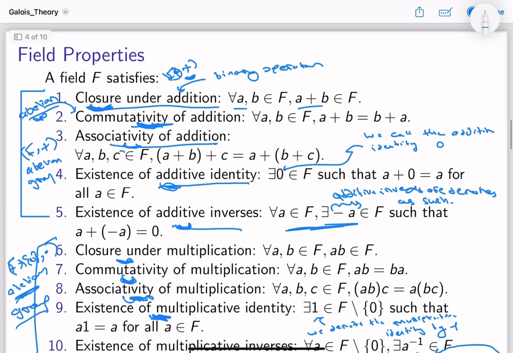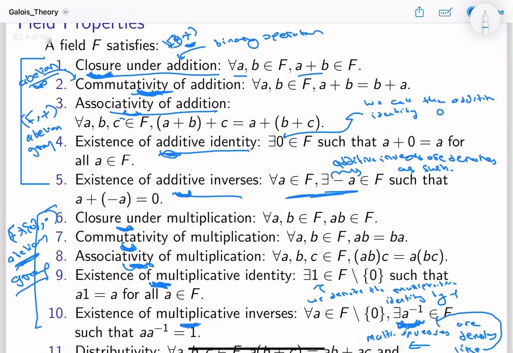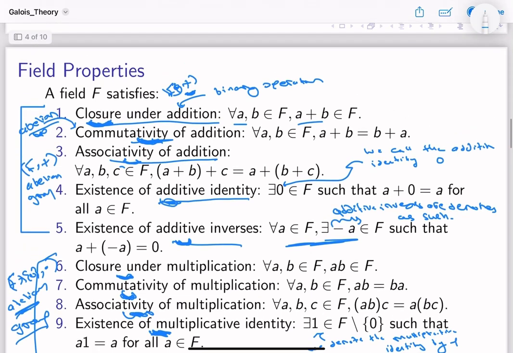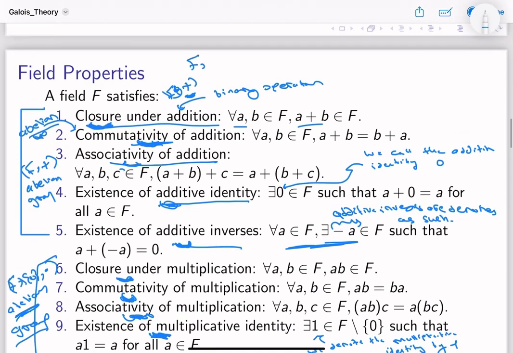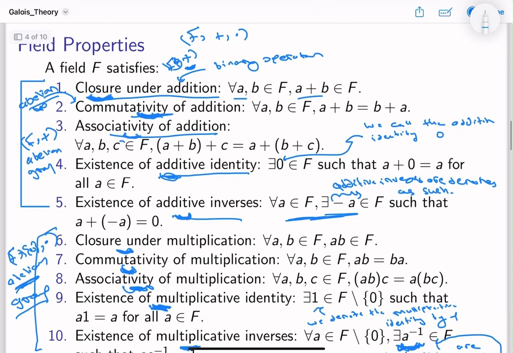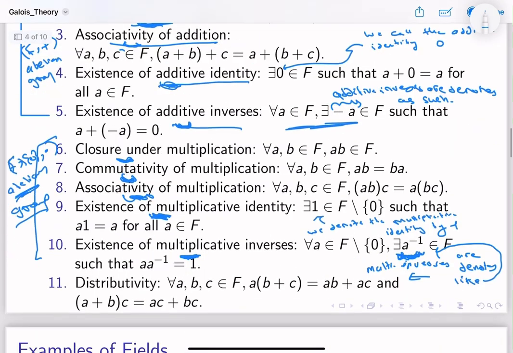All right. So this is what makes a set F with two operations a field. Now that we've defined what a field is, let us take some examples.